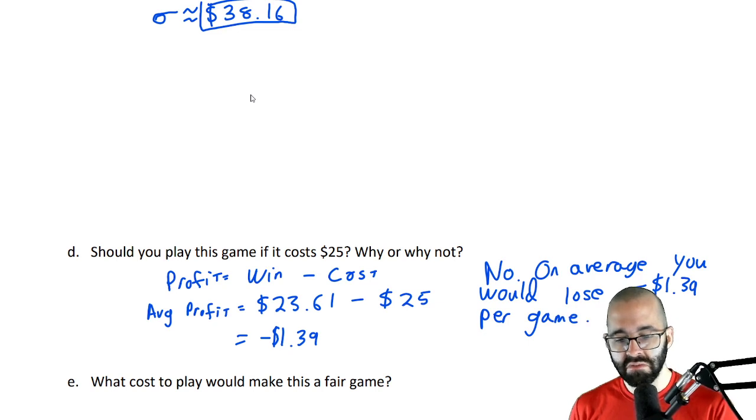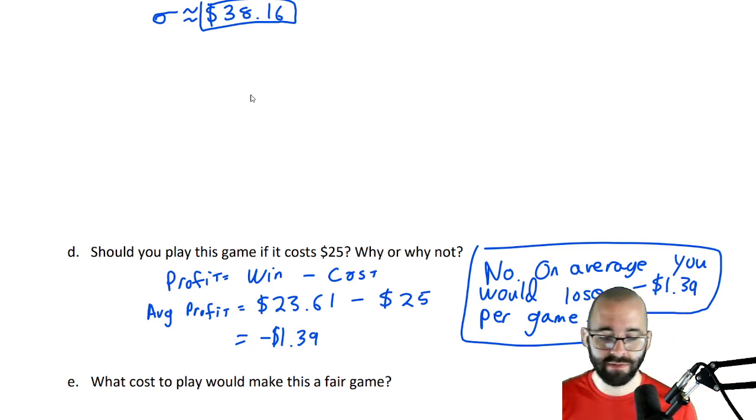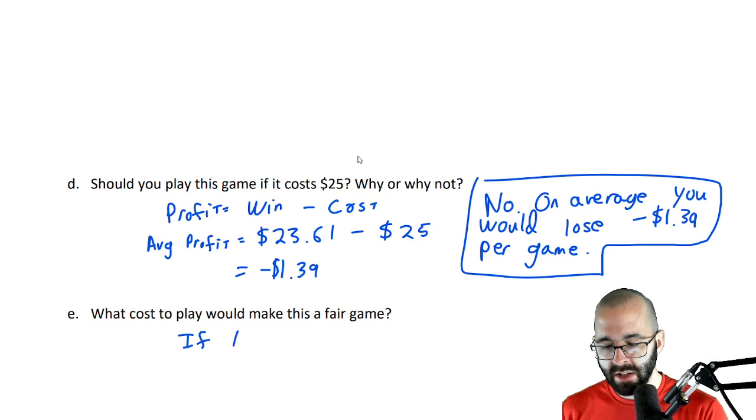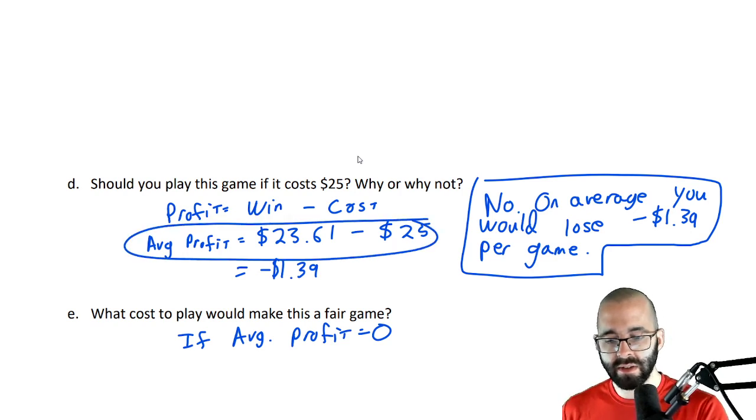So if you played and got lucky, you could win. But if you played it a lot, eventually you're just going to start losing. So how would this be a fair game? Well, it'd be a fair game if the average profit equals 0. So when does this equal 0?